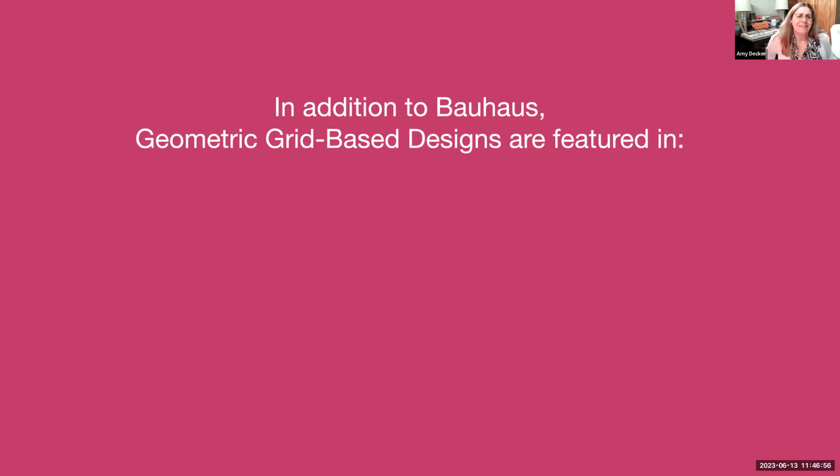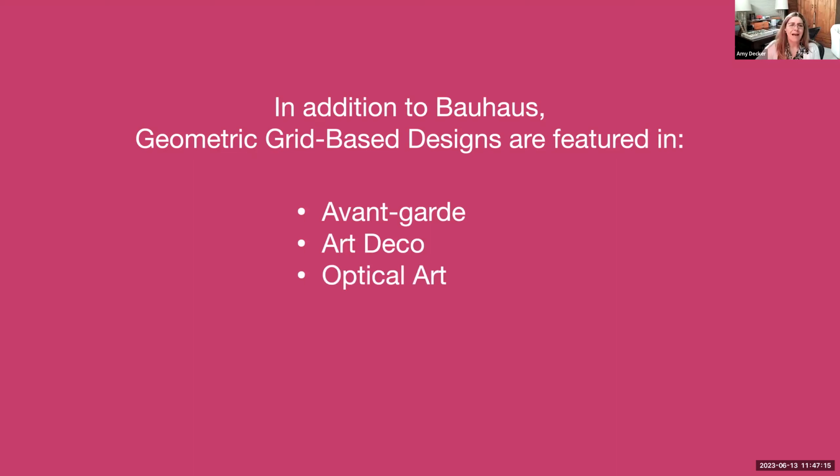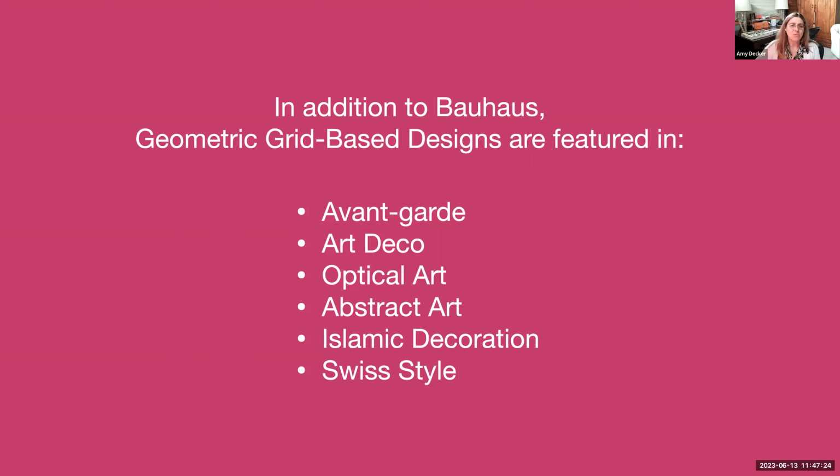So in addition to the Bauhaus, which is really kind of the foundation of geometric design, geometric and grid-based design are also featured in many other movements. For example, the avant-garde, Art Deco, optical art, abstract art, Islamic decoration, the Swiss style.